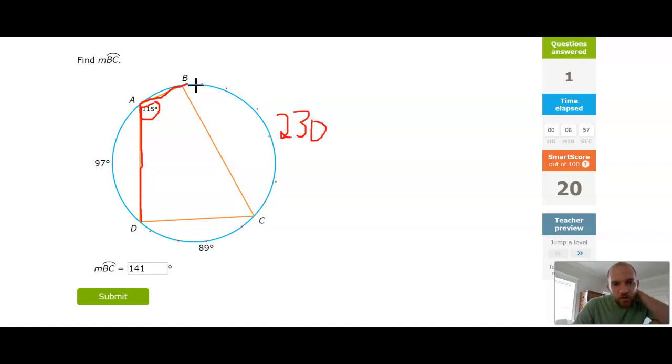So this entire arc from BCD is going to be 230. If we want to figure out what BC is, we would just have to subtract out the 89 that we know. So 230 minus 89 is going to give us 141. So two different ways to work that problem. Both are nice, and both will give you the same answer.